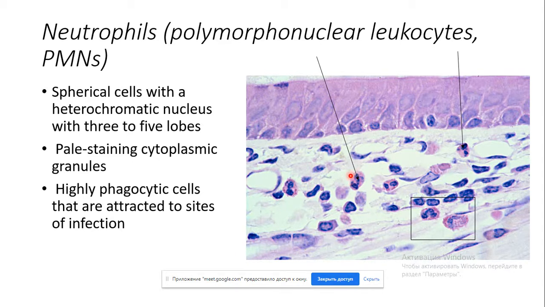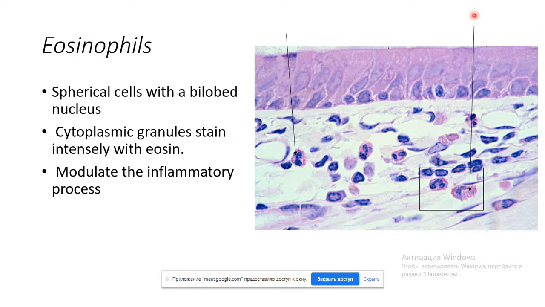If we can find these neutrophils in connective tissue, we can conclude that this tissue is in inflammation. So keep it in mind. You remember the shape of the nucleus of normal neutrophils, it's multilobulated. Here it's visible.